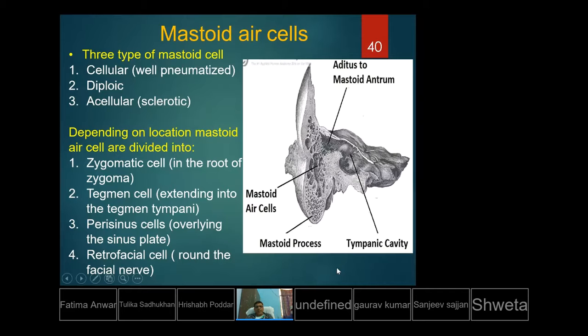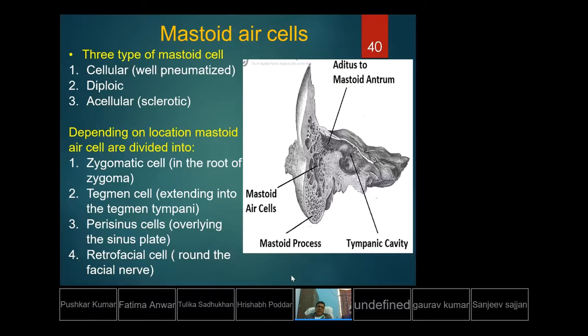Now about the mastoid air cells. Mastoid antrum is also an air cell, but it is a single, large, and constant air cell. And below the mastoid antrum, there is a honeycomb-like structure in the mastoid, known as mastoid air cells, and they are actually of three types.